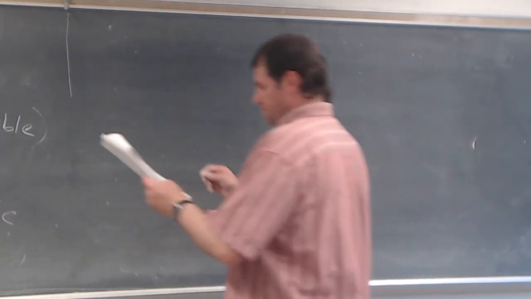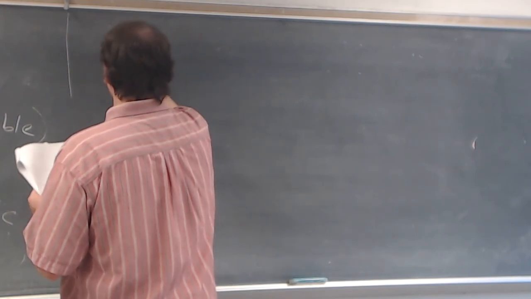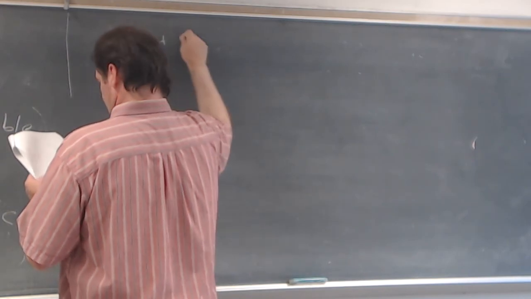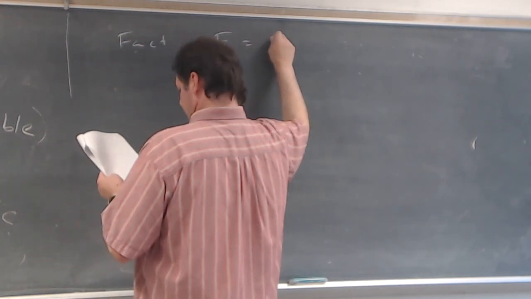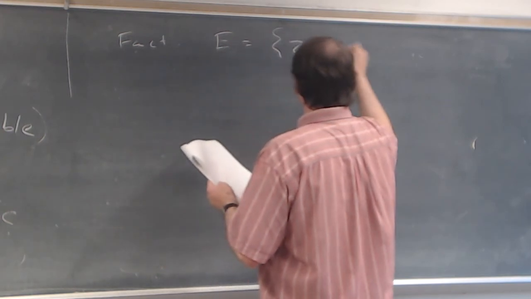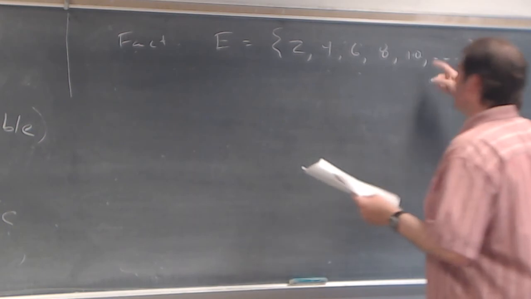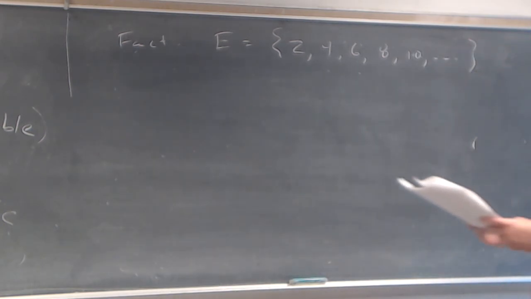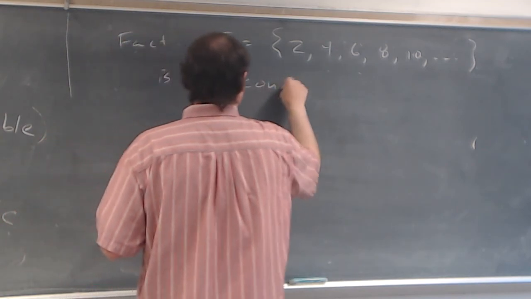So as an example, kind of an example, or just a statement of fact, if you will: E, equal to the set 2, 4, 6, 8, 10, and so on forever, these are the even natural numbers, is a countable set.